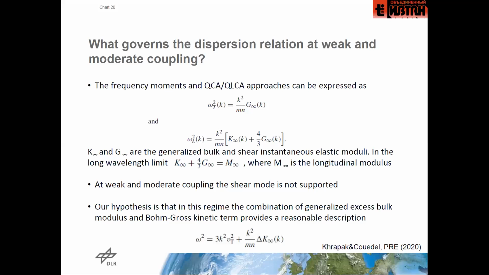In this respect, it's useful to recognize that we can express the transverse and longitudinal wave dispersion using the generalized bulk and shear instantaneous elastic moduli like this, so that in the limit of long wavelengths we have the familiar relation between bulk modulus, shear modulus, and longitudinal modulus.